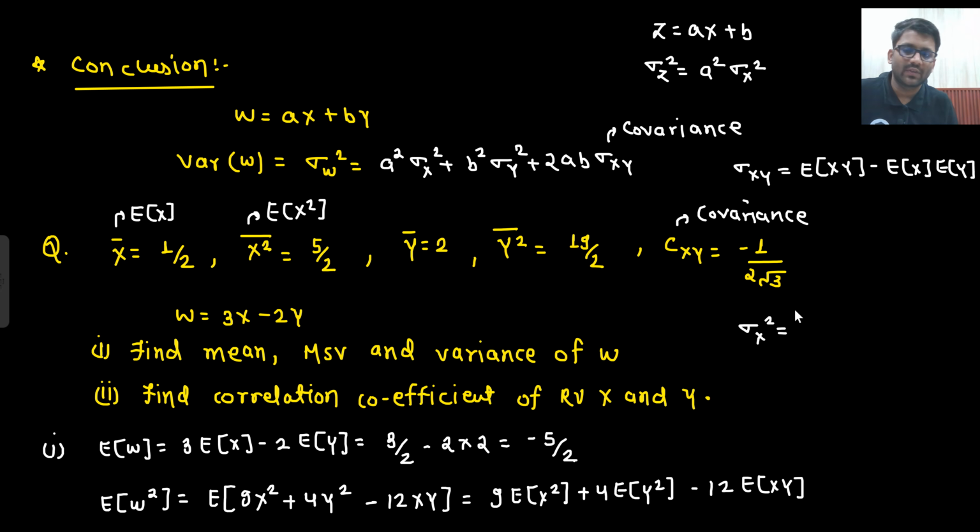So what is the value of sigma x square? 5 by 2 minus 1 by 4. And what will be the value of sigma y square? So this will be 19 by 4, no, sorry, 9 by 4. What would be your sigma y square? That would be 19 by 2 minus 4, 11 by 2.